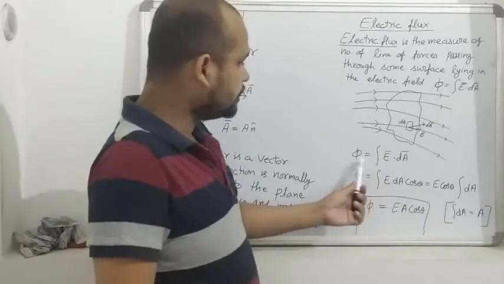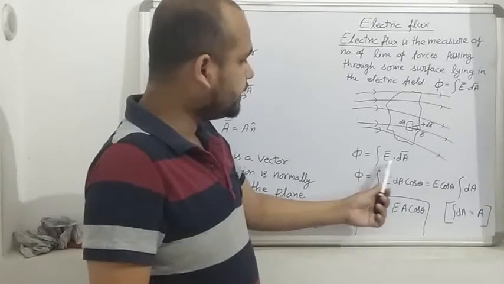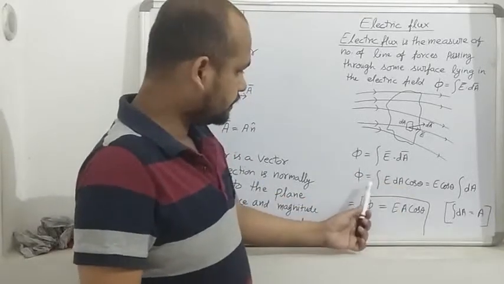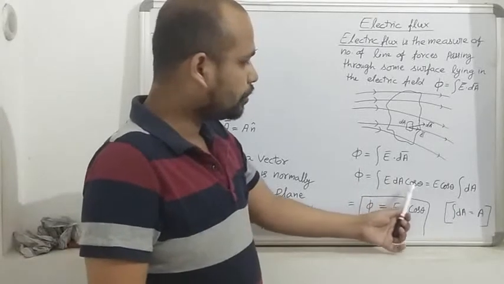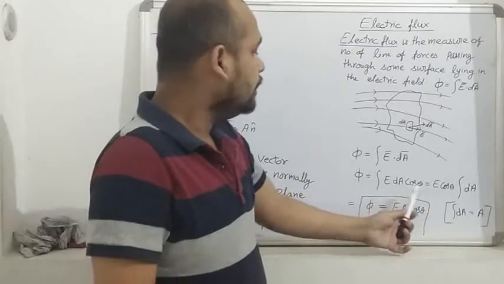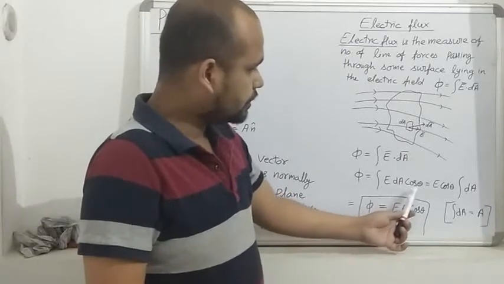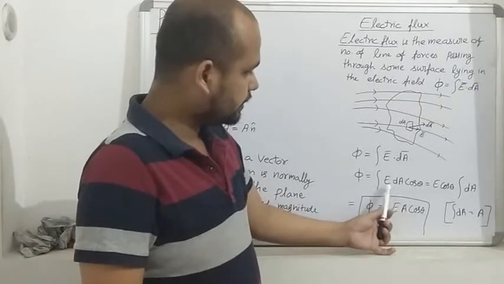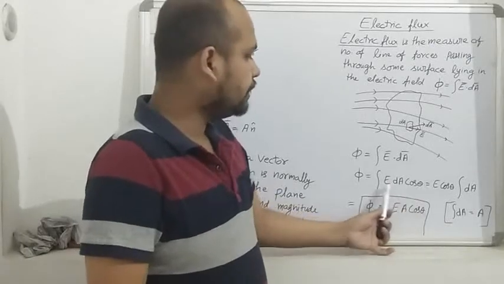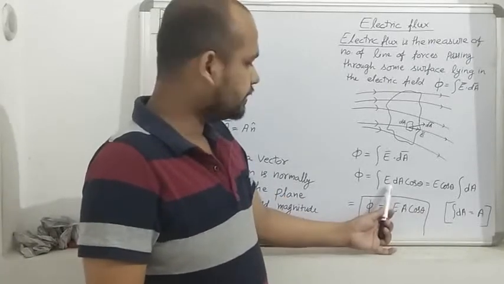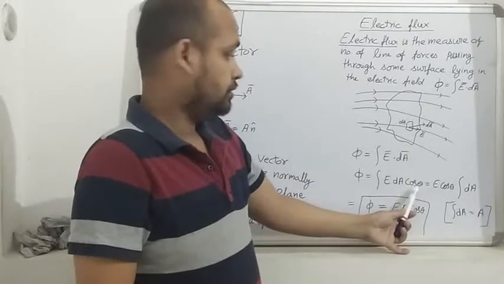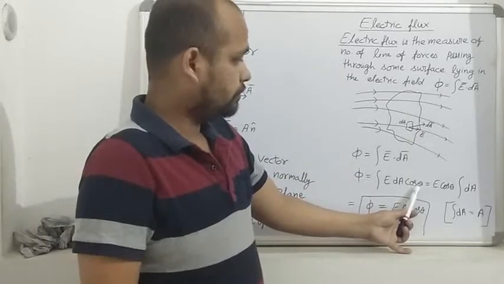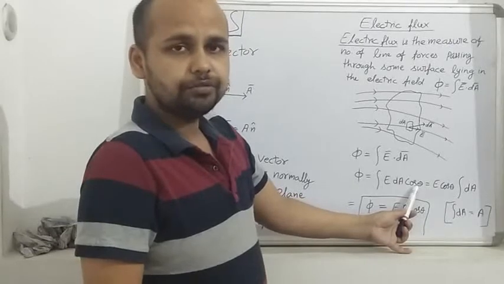So this expression phi is equal to integral E dot dA will further become phi is equal to integral E dA cos theta. Now you can see that cos theta and E, these two will be constant quantities. The electric field is not going to change, and the value of cos theta is not going to change.